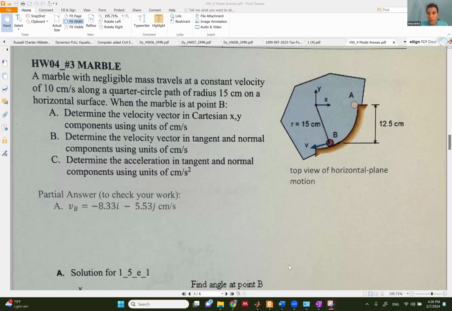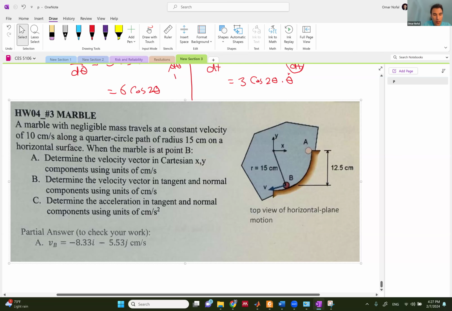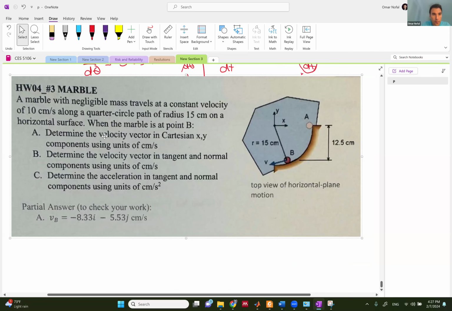So it says here that the velocity is 10 centimeters per second, along a quarter of a circle path of radius 15 centimeters on a horizontal surface. When the marble is at point B, determine the velocity vector in the XY coordinate system.